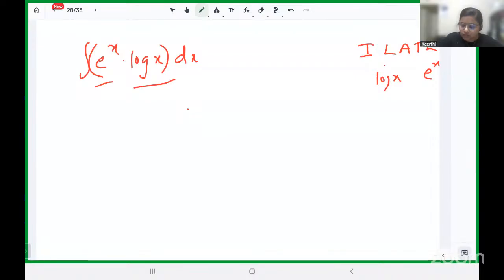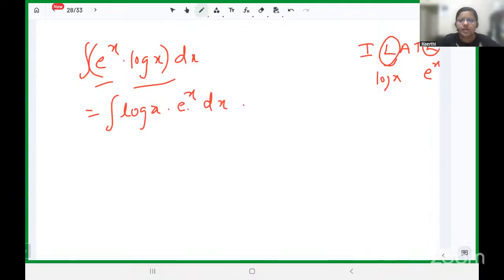So according to this, first log should be given priority, then e raised x. So you should rearrange this as integral log x into e raised x dx, and then apply the parts method or product rule. That is, first function into integral of second function minus integral of derivative of first function into integral of second function.